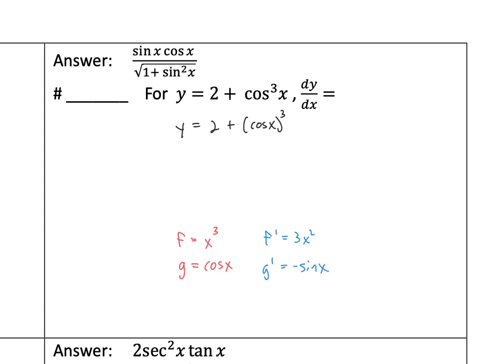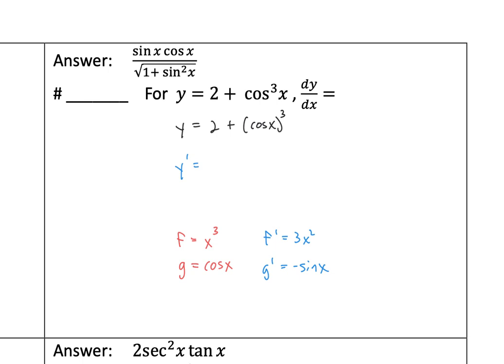Okay, then we'll follow the formula. Oh, I was going to do the second page. Okay, I'm going to do some of these the quicker way. I'll start with the next chain rule one and do it the quicker way. So let's go to the derivative. The derivative of 2 is 0, so that just goes away.